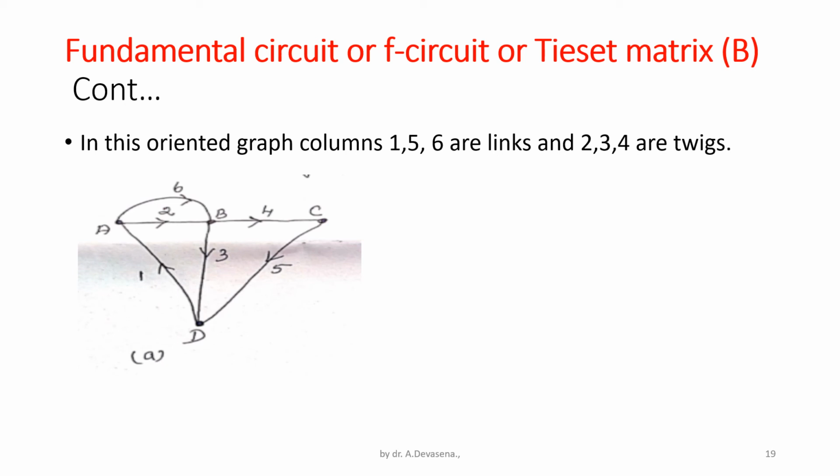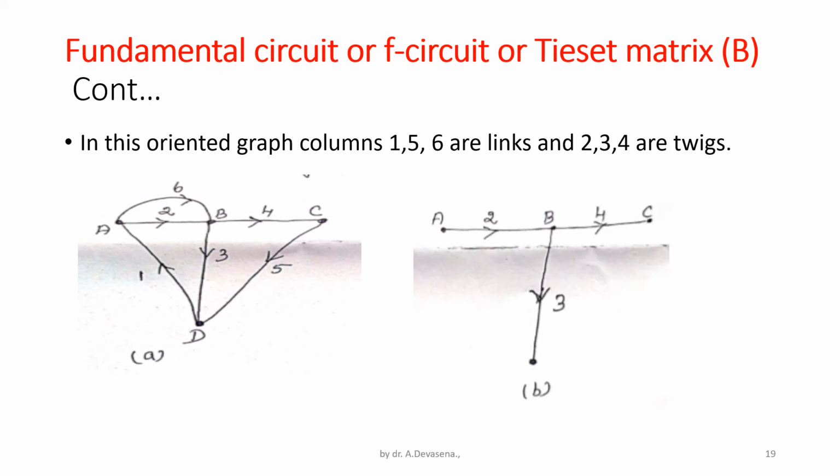In this oriented graph, we have considered a tree. In this tree, we have branches 2, 3, 4. So the branches which are part of the tree are called twigs, and the branches which are not part of the tree are called links.